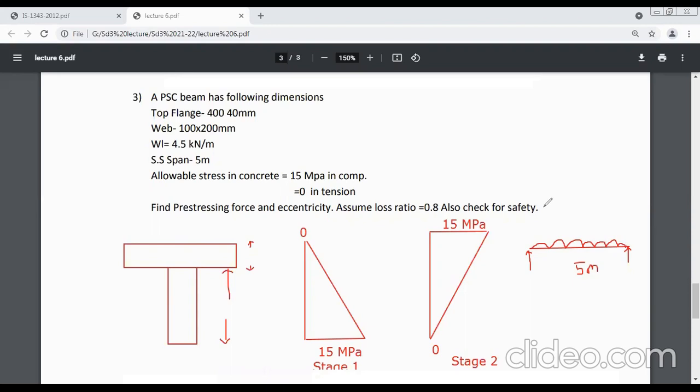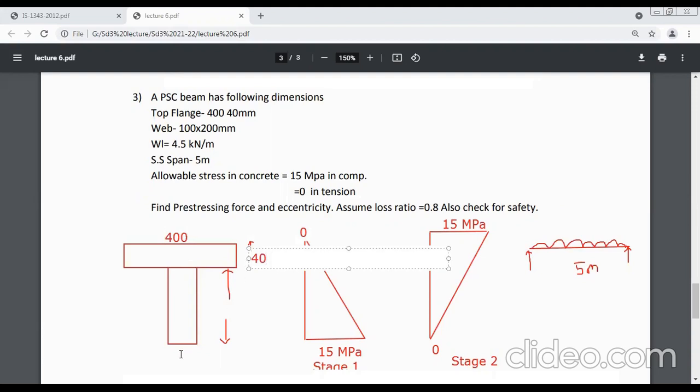So first of all we find out the properties of this section. Properties of this section means we find out the Y bar. This dimension is 400, and this one is 40 mm.